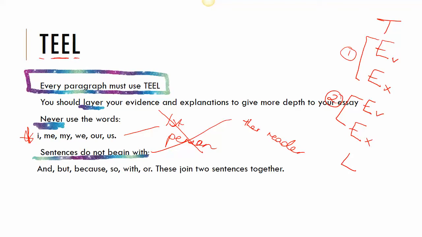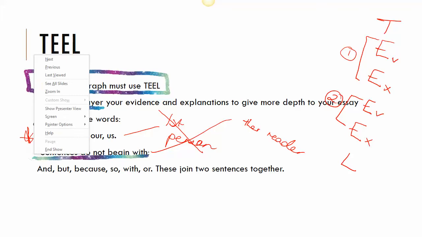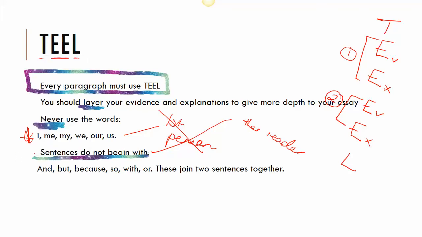Then the other piece of advice that I can give you is sentences don't begin with these words. And, but, because, so, with, or. They are called conjunctions. Now, a conjunction joins two sentences together.